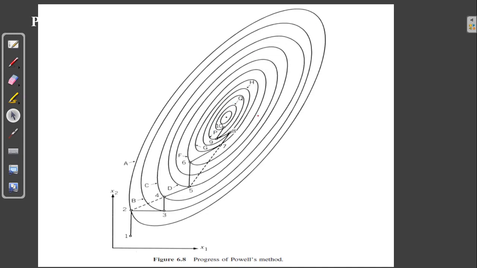We call them contours, and these contours are our objective function f of x.